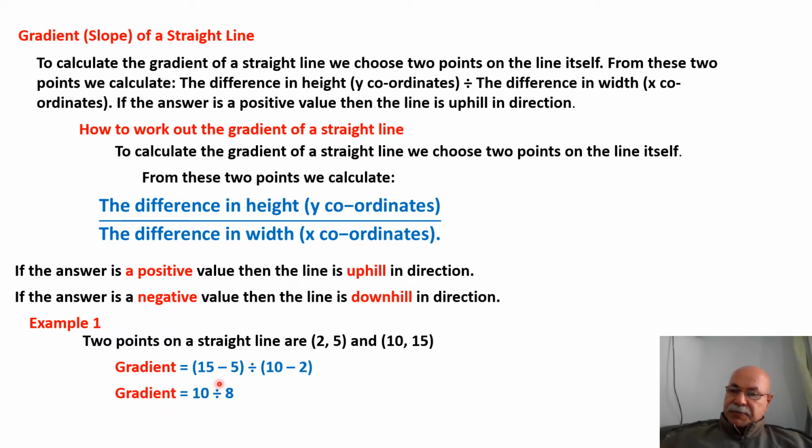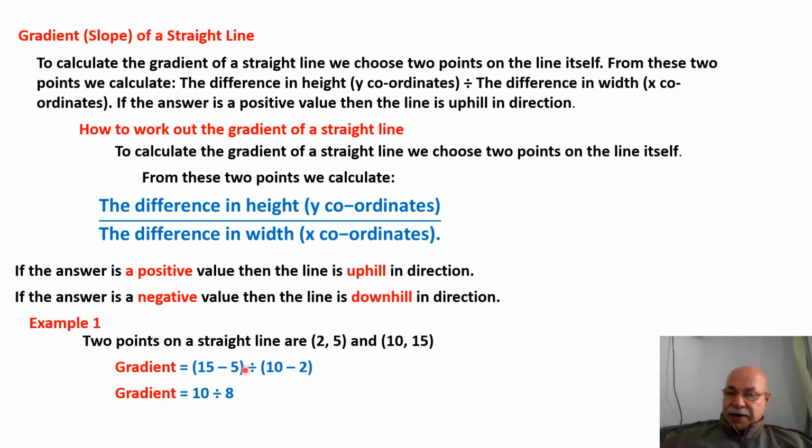So it will be 15 minus 5 divided by 10 minus 2, that is y2 minus y1 divided by x2 minus x1. 15 minus 5 is 10, and 10 minus 2 is 8.